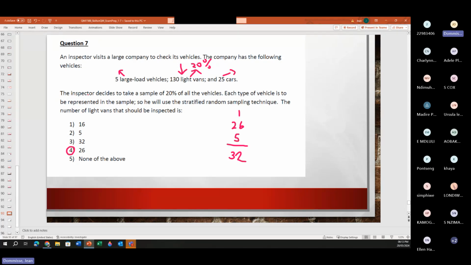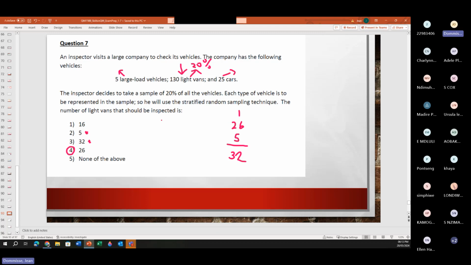So for one of the papers, it could have been the 20% of all the vehicles, so it's 32. They could have said that you want to know the number of cars that would be inspected, then it is 5.